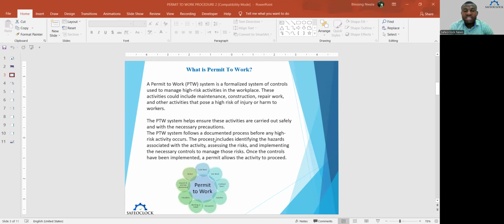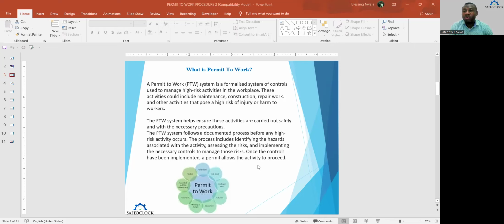The permit to work system is also documented, in the sense that it's kept for evidence purposes. It is documented to ensure that the trails can be traced in case something happens, or in case something needs to be corrected, in case there should be handover. So these documents help for proper handover, for proper tracing, and for proper analysis in future, for future references. That is why permit to work is documented.